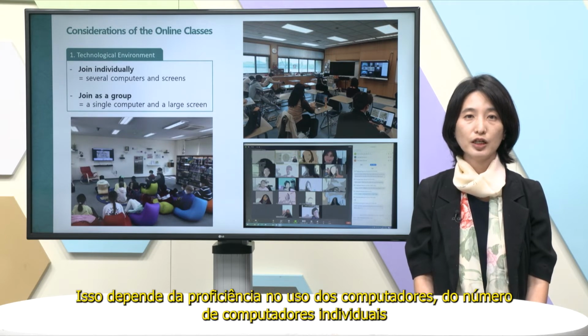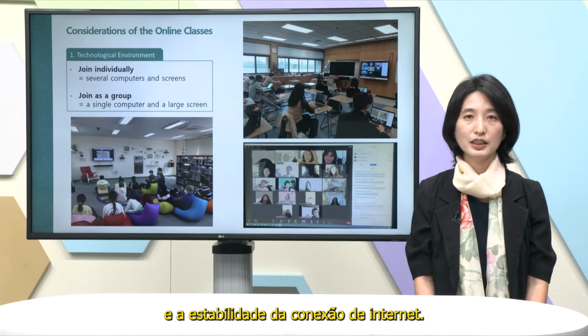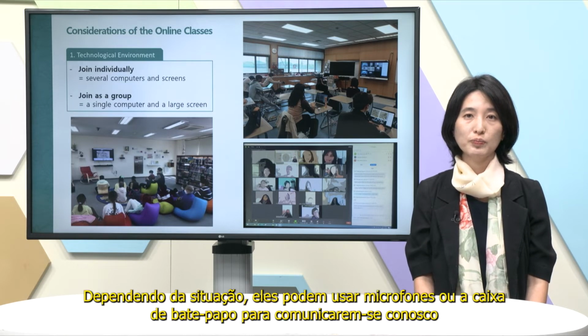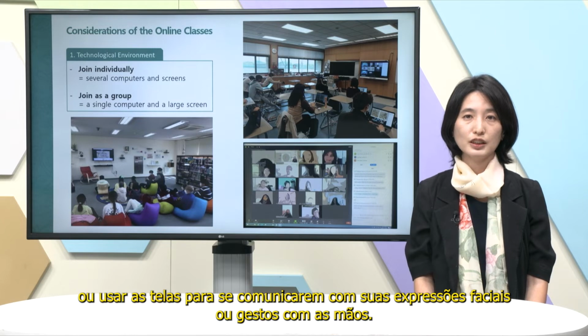This depends on their proficiency in using computers, the number of individual computers, and the stability of the internet connection. Depending on the situation, we may have them use the mics and chat box to communicate with us, or use the screens to express themselves with their facial expressions or hand gestures.